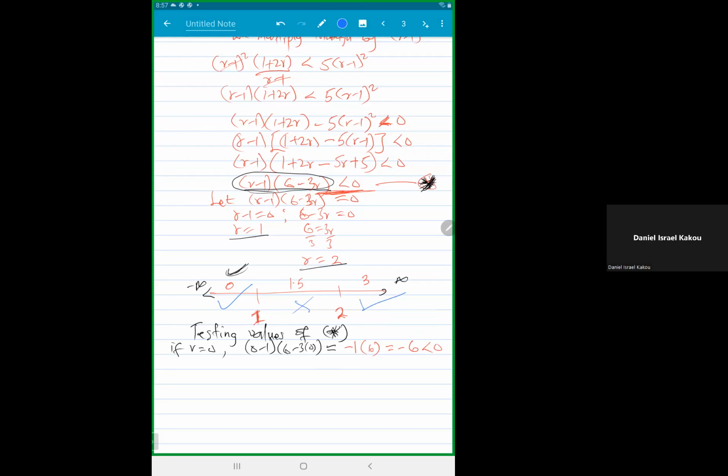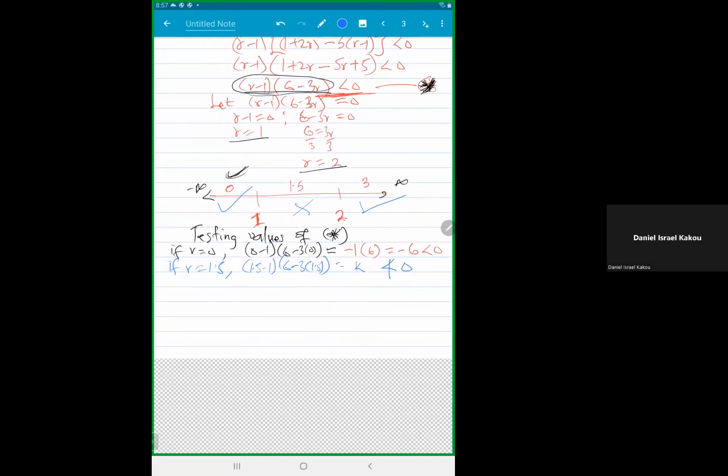So for me to be sure, I can do the same thing by saying if r is equal to 1.5, I also substitute in the same thing here. That would be 1.5 minus 1, then 6 minus 3 times 1.5, and whatever you get as a constant, the assumption is it is not going to be less than 0. Yeah, that is all it means.